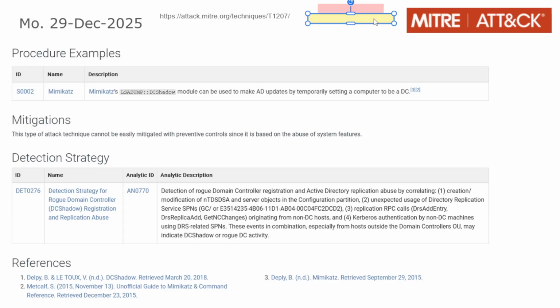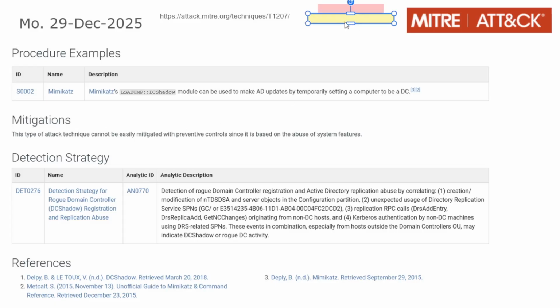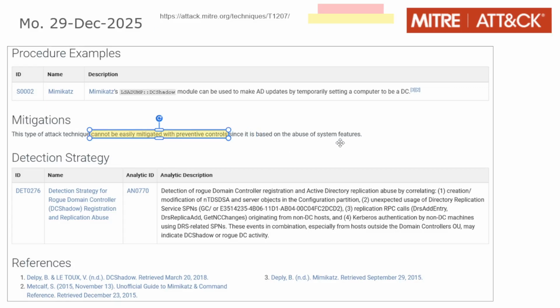At the same time, we have now covered a lot of techniques, and certain things repeat, like here in mitigation: again it cannot be easily mitigated because it must be prevented with controls and we are abusing system features. So that again cannot be done. You know what the system feature is?